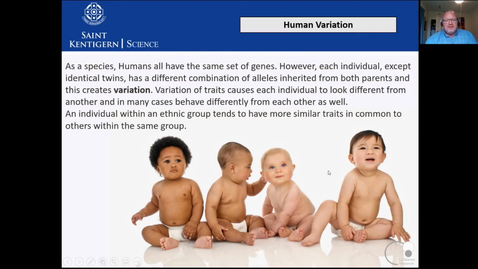But the reason why this child has got a darker skin is because his family lived in Africa for a much longer time, and they had to have protection against the sun. Whereas this child, blue eyes, very light skin, most likely is from Northern European descent, where there wasn't a lot of sun, and they needed to get as much vitamin D as they could. That's why they lost their pigment.